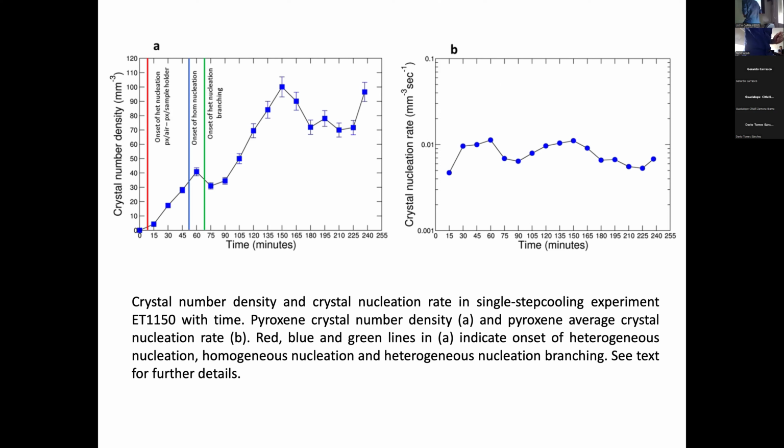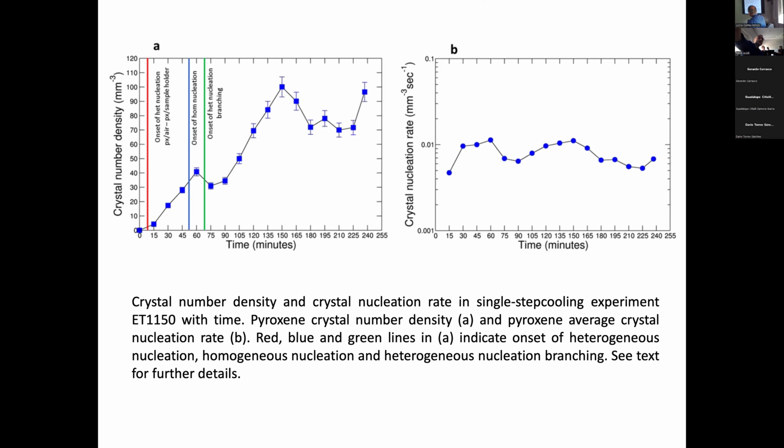Then we have another heterogeneous nucleation related to the branching of the crystals. We observed that they were basically growing from pre-existing crystals. So you see that we have this onset of heterogeneous and homogeneous nucleation.